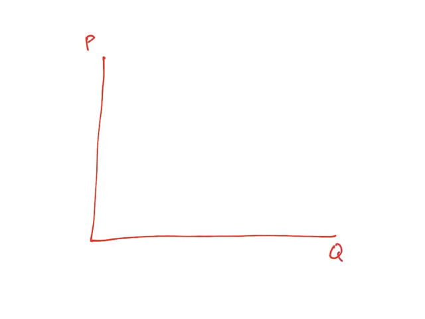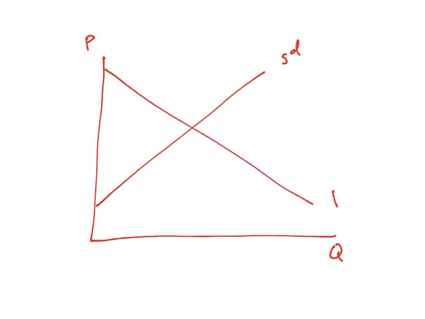Now, what would this look like if we were drawing this on a graph? Just to sort of relate it to what we've done before. I have the world price of 50.